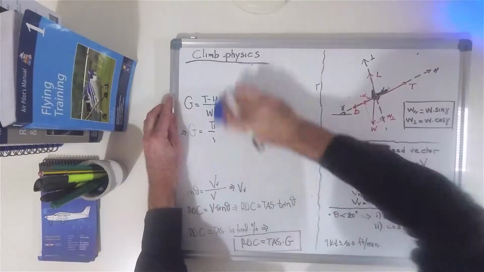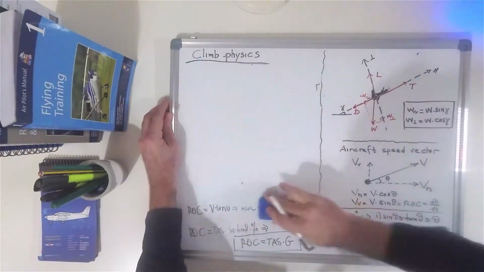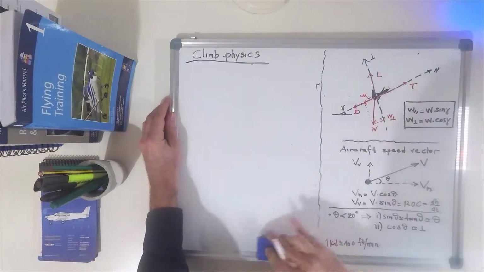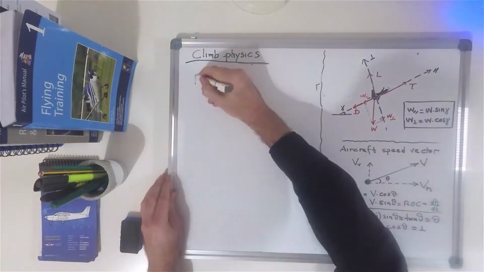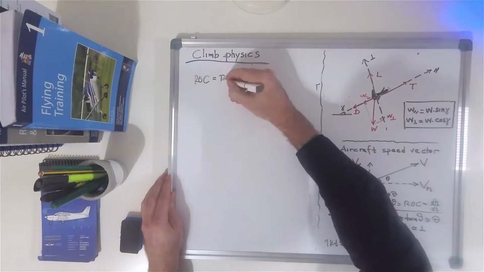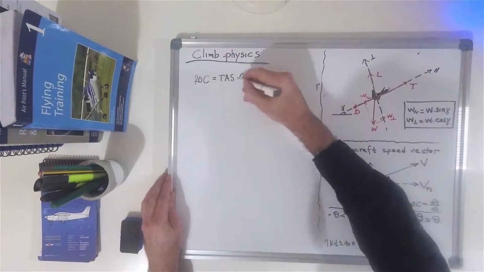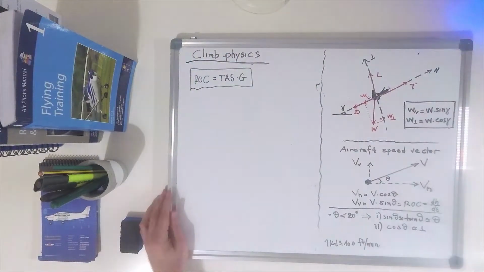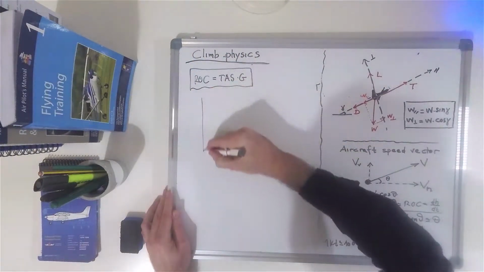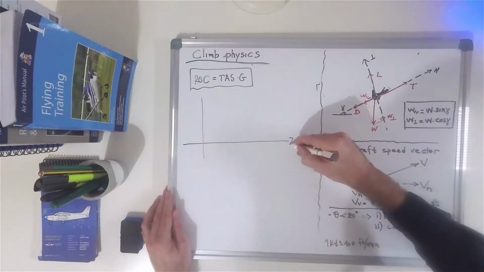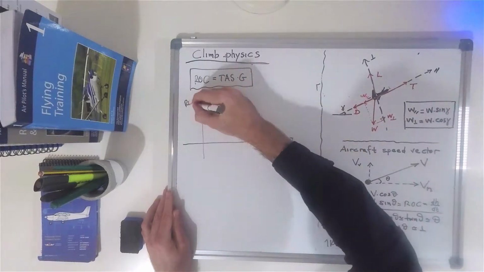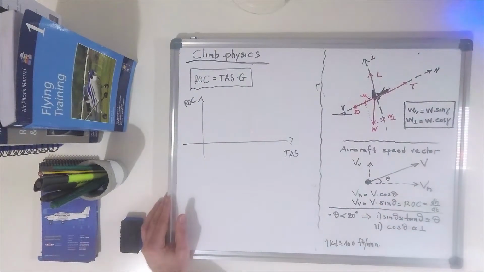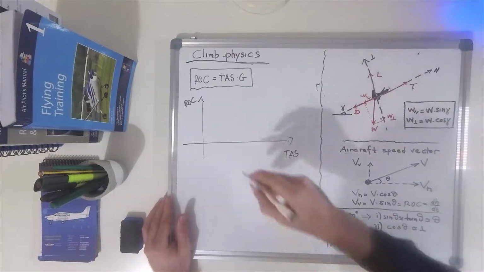diagram having the two axes, the rate of climb and of course the true airspeed. We have already viewed that diagram.